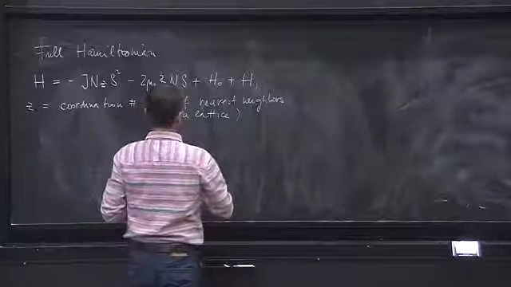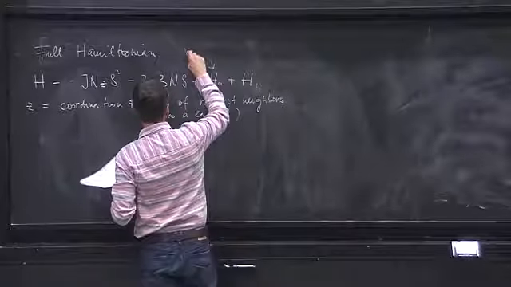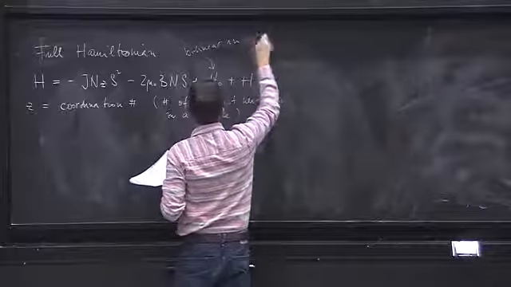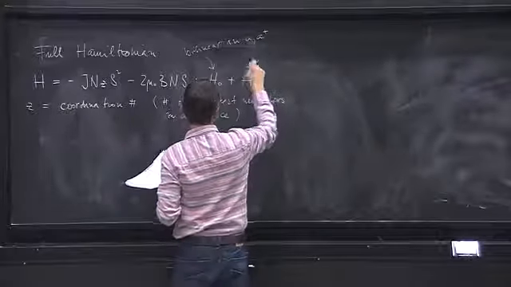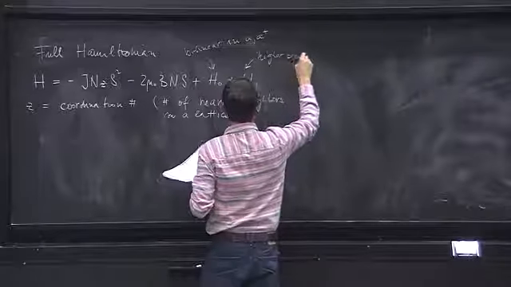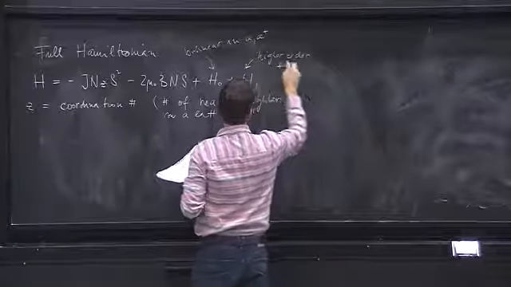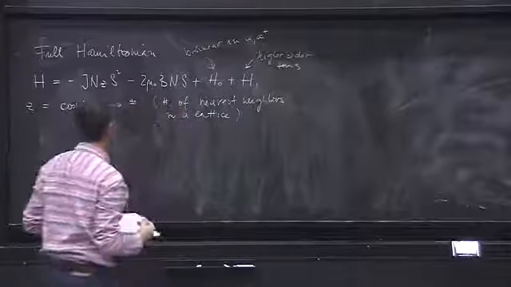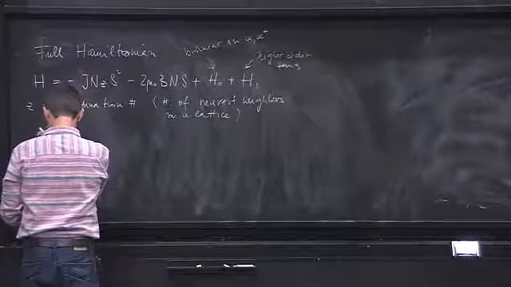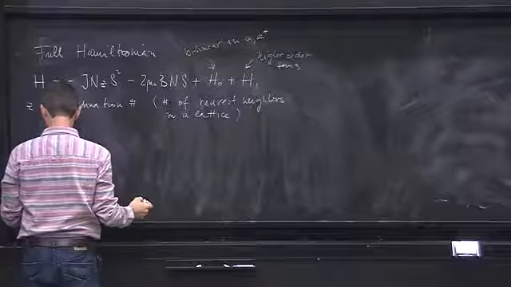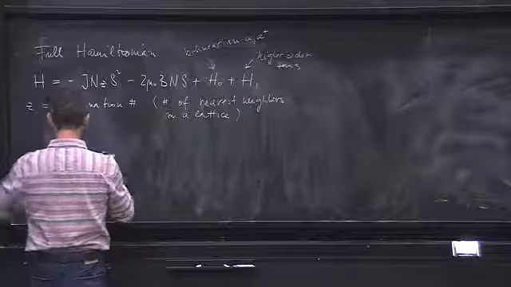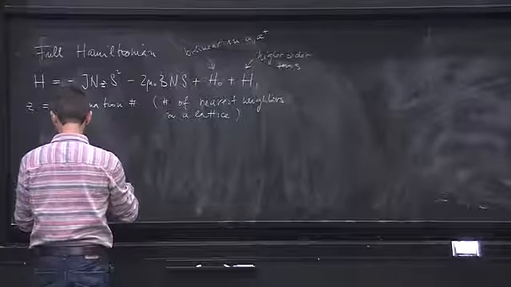And H0 will contain terms bilinear in a dagger, and H1 will contain higher order terms, which we will neglect. Okay, so let me just write this H0. It is useful to write it in the Fourier space.